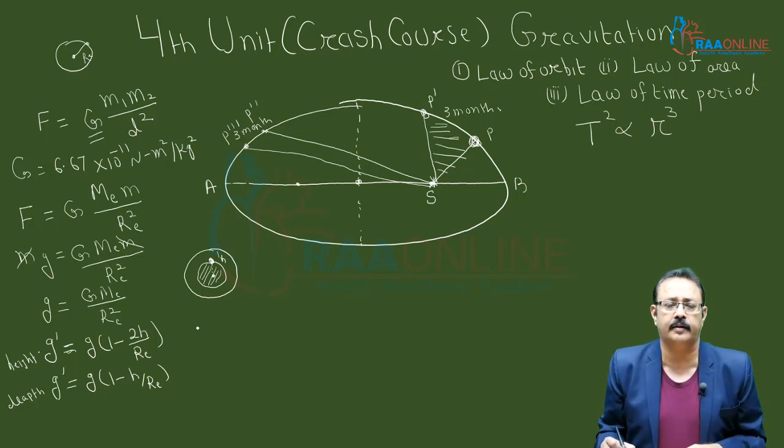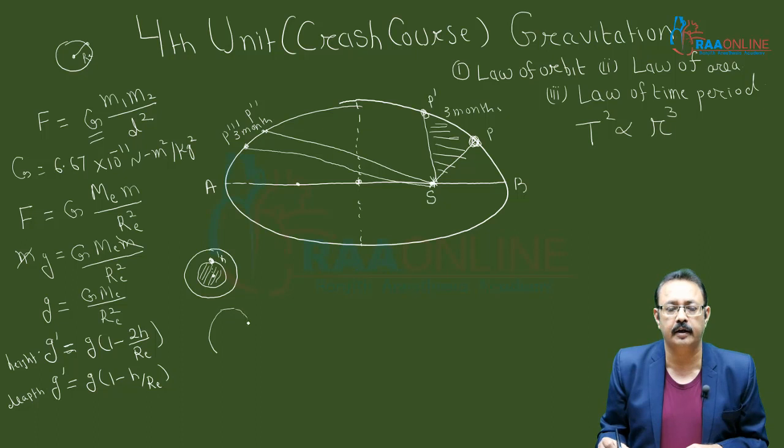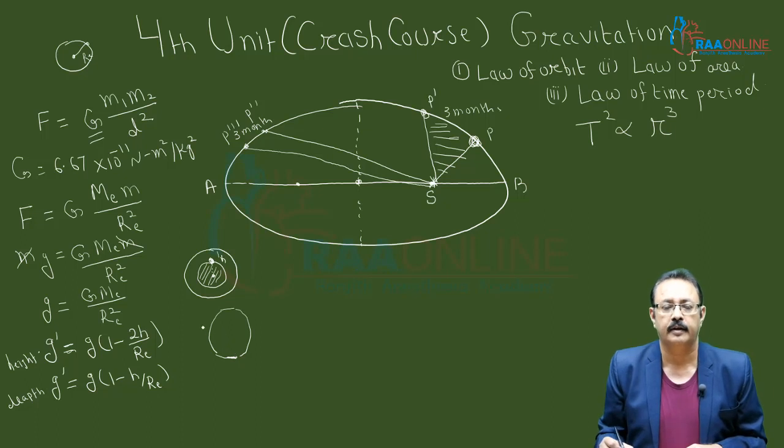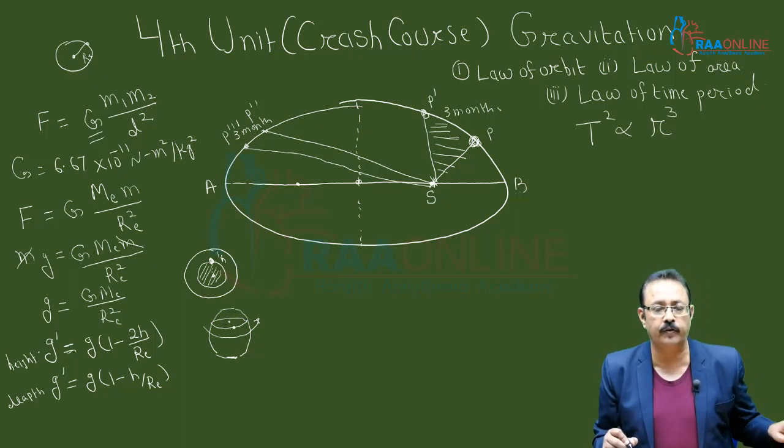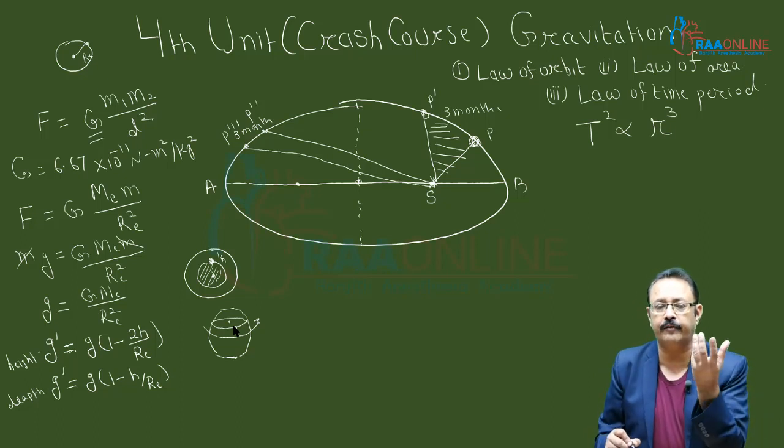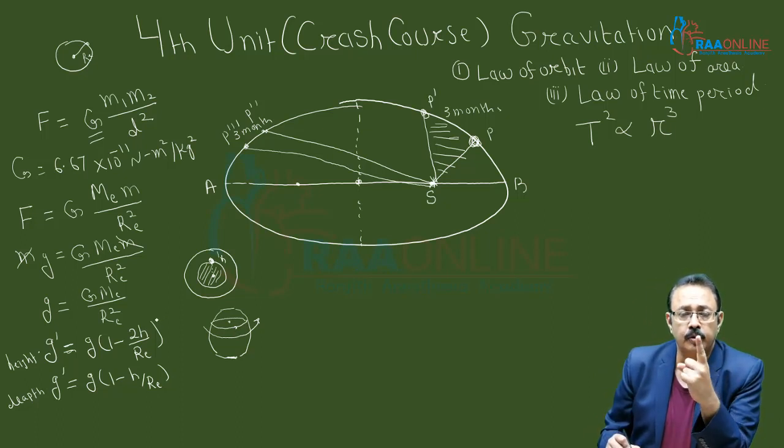Due to rotation of the earth, again the value of g is changing. What is happening? Earth is rotating about its own axis, like this. So every object on Earth's surface is moving in a circle with the same angular velocity, that of Earth, means with a time period of 24 hours. To rotate in a circle, a particle needs centripetal force.